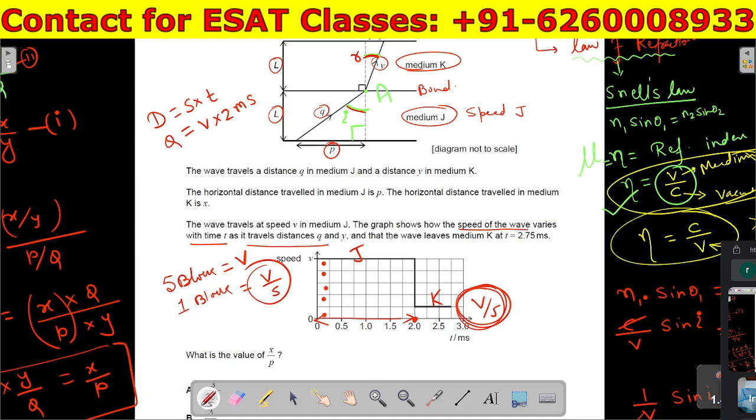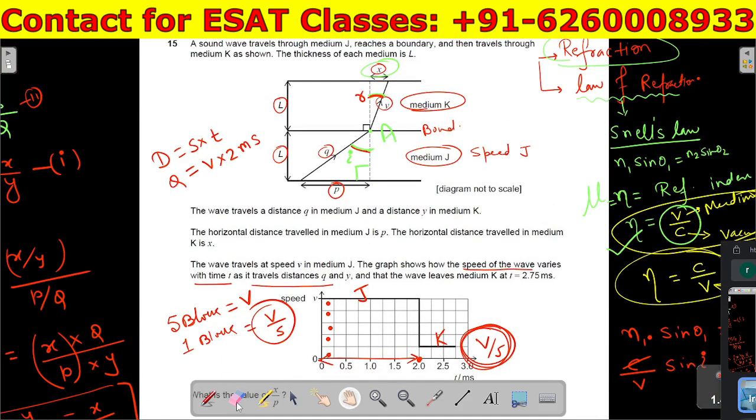Now, similarly, if we want to find the length Y, so what is the Y? Y should be again speed into time. How much speed? In the medium K, the speed is V upon 5. So I should write V upon 5.